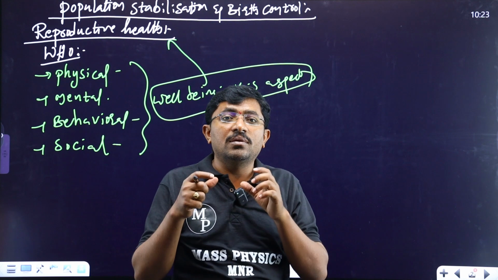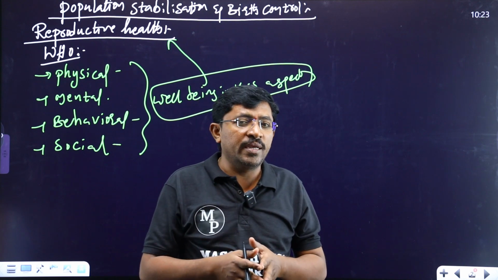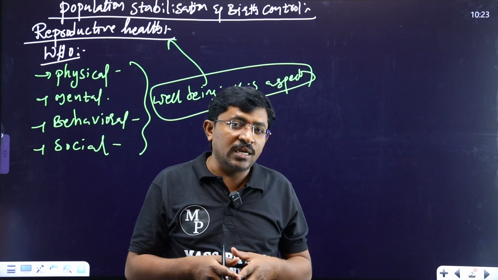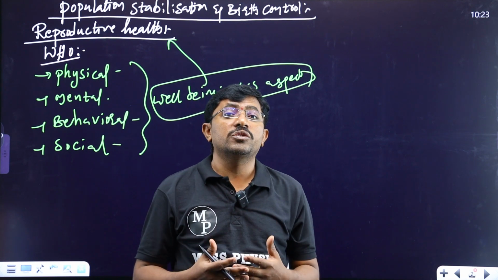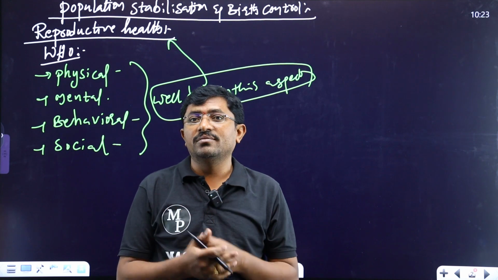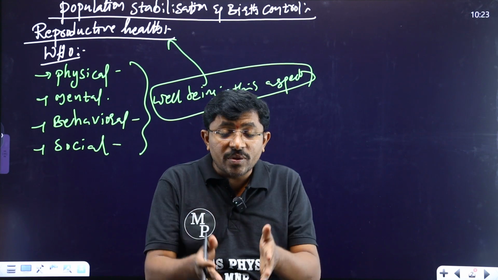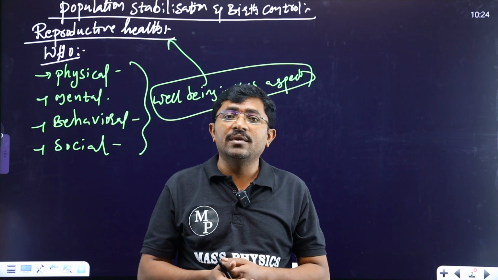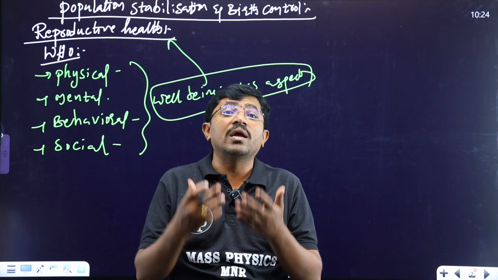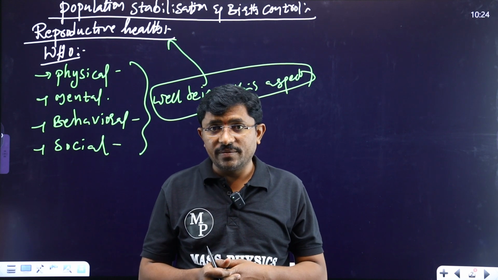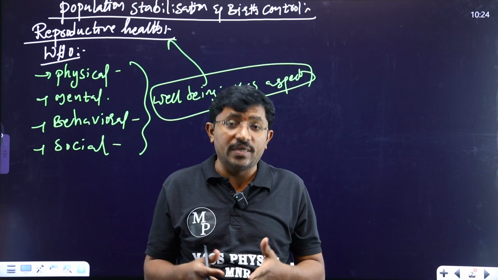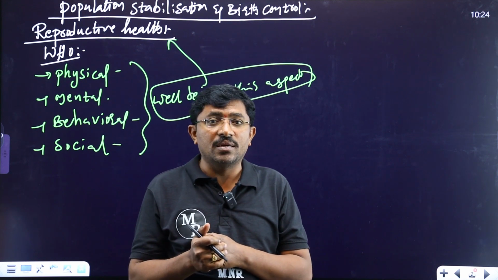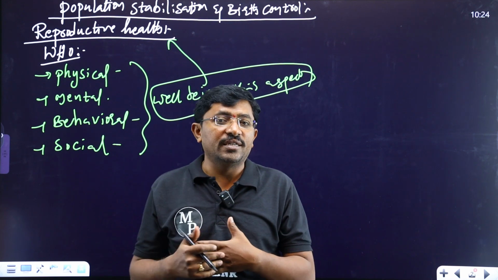For example, the ovaries are there structurally, but functionally, are they continuing oogenesis or not? Even if they are present structurally, if they are functionally absent, that person does not have well-being in reproductive health. The person is reproductively unfit, not able to produce offspring, which leads to infertility.